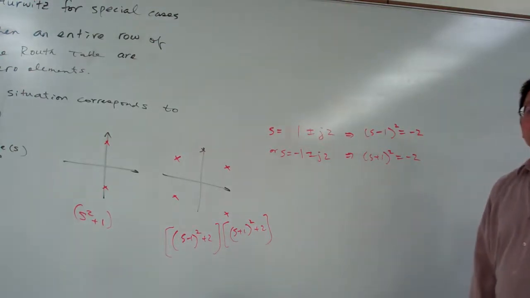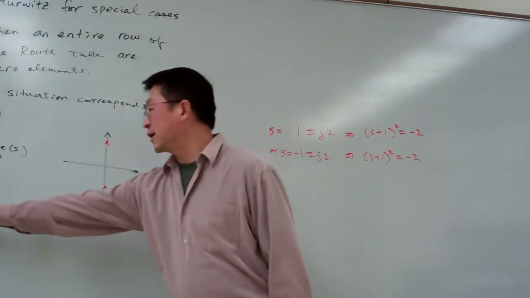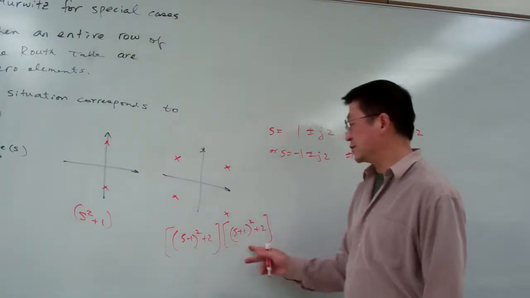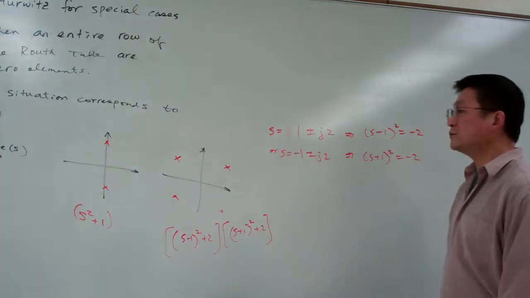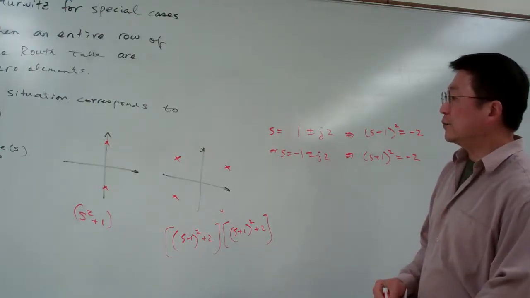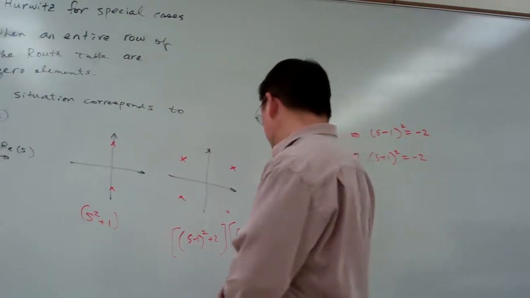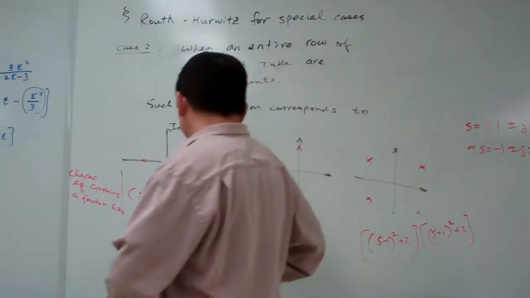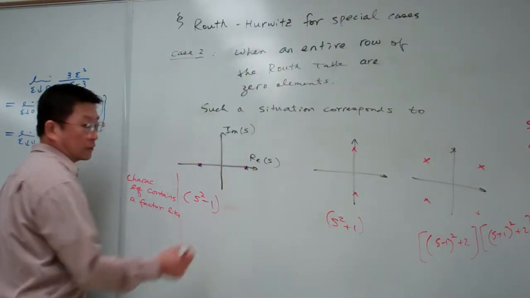So the characteristic equation, if we are able to factorize, could have factors something like this, this and another. And it may also happen that we have repeated roots. Repeated roots means here at this location we have a double root.